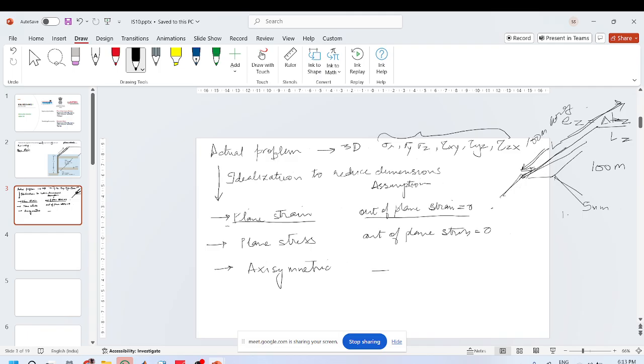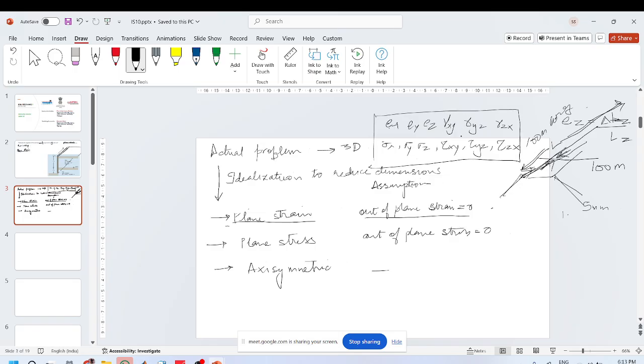If I take a section here, there is a confinement in this direction that will prevent shear strains from developing. So we have Ex, Ey, Ez, gamma xy, gamma yz, gamma zx. These are the unknowns in a 3D problem, the stresses and the strains.